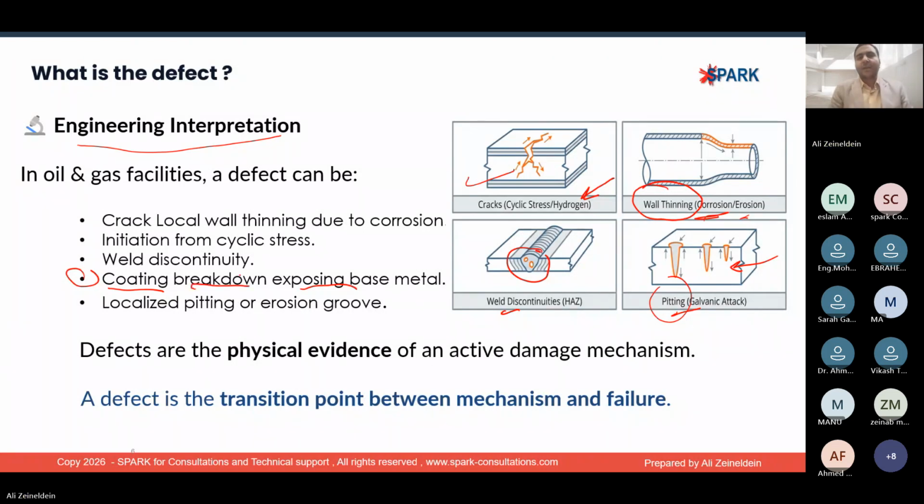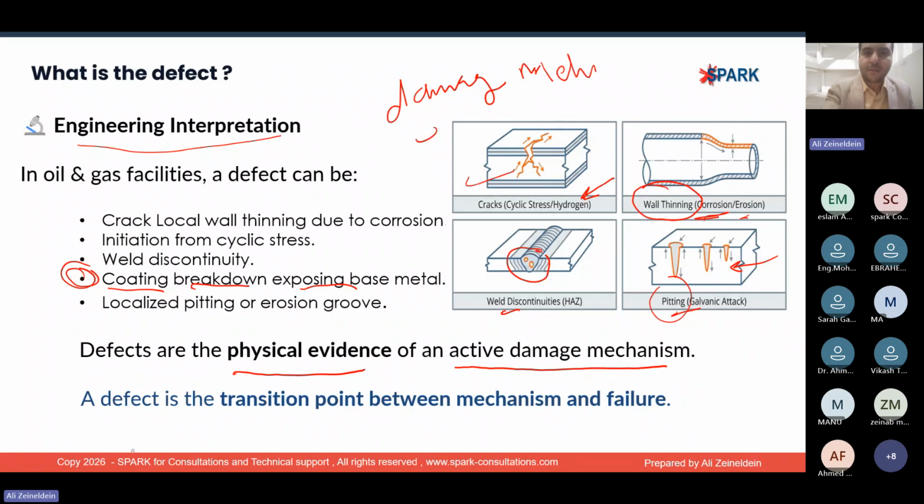So in case of any coating failure, degradation or breakdown, this is also considered a defect. So defects are physical evidence of an active damage mechanism. We are also going to talk about the difference between damage mechanism and failure mode.